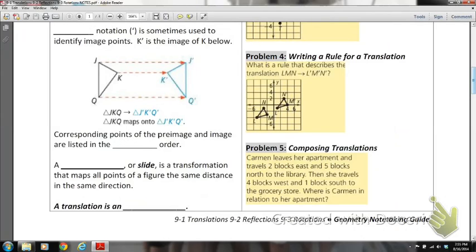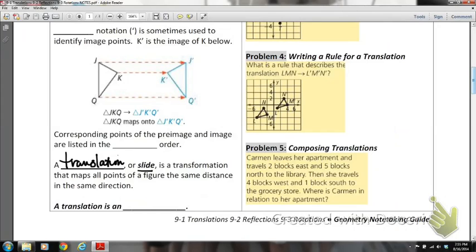The specific transformation that we're going to be learning about today is called a translation. The more common name for that is a slide. But if you ever have to do this in, say, a constructed response assessment, they would want you to use the formal name for that, which is a translation.